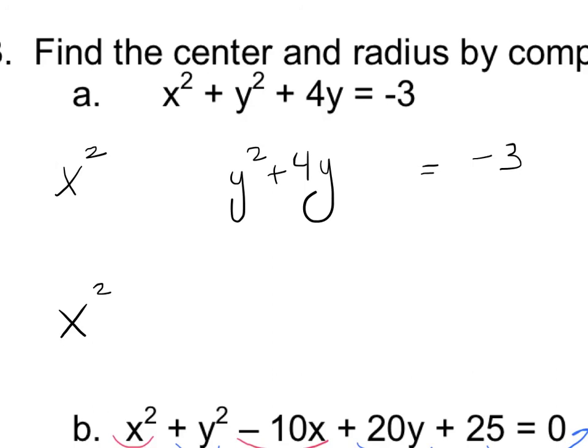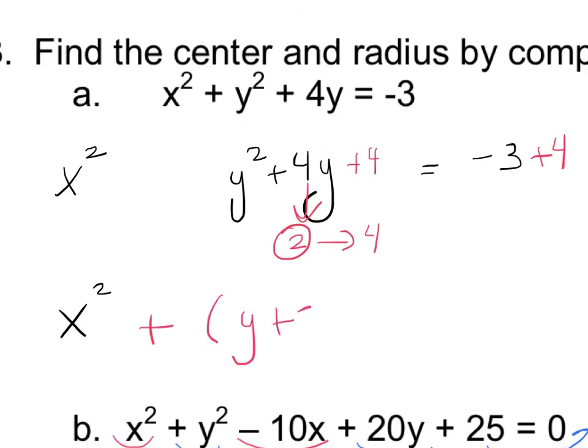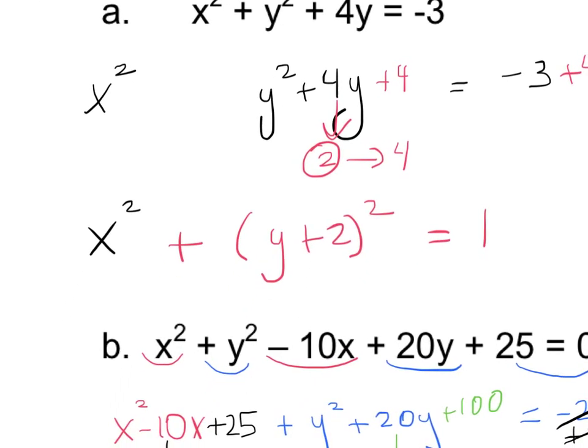Now the y, you divide the middle by 2, and then you square it. You balance that by adding 4 to both sides. So now what you're going to get is y plus 2 to the power 2 is equal to negative 3 plus 4, which is a 1. Now what would the center be? The center is, there's nothing next to the x, so that's 0, negative 2, and the radius is the square root of 1, which is 1.